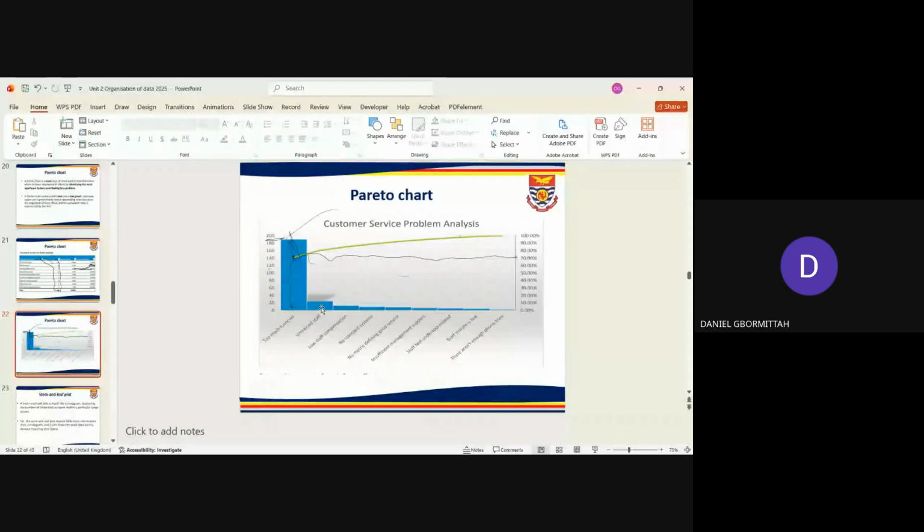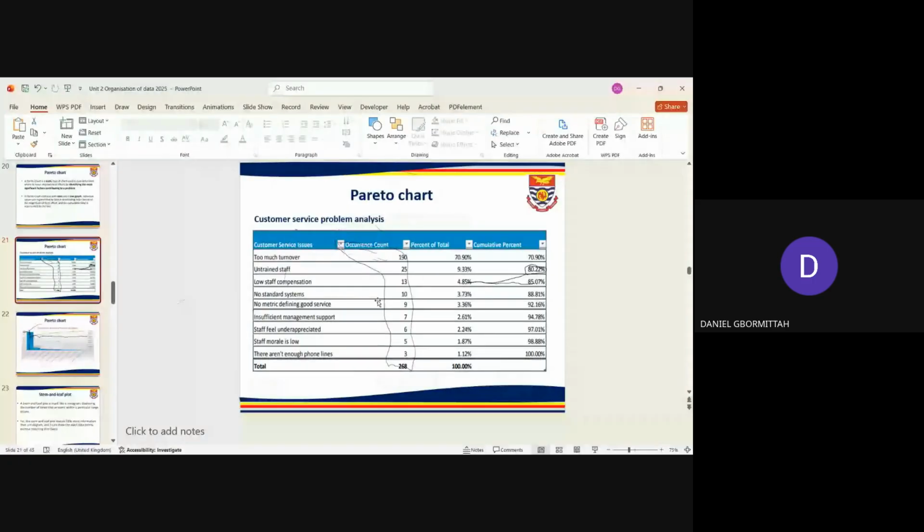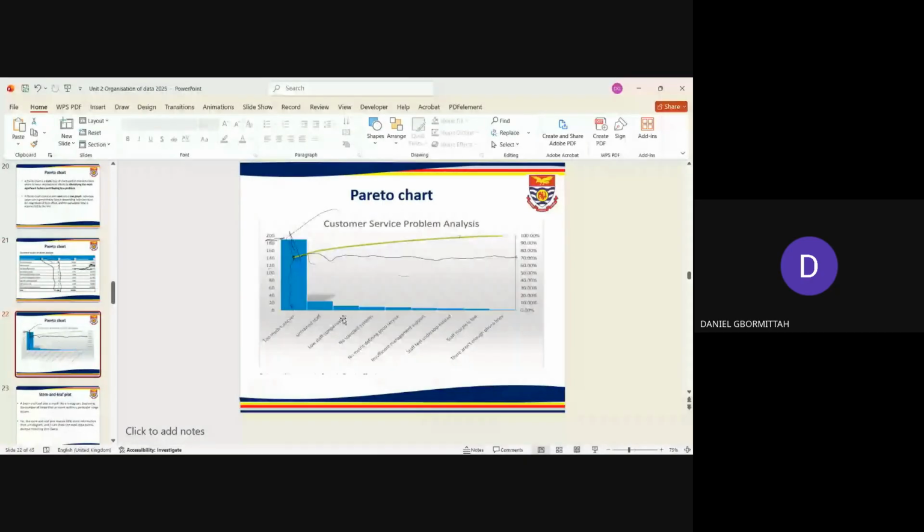The next one is what? Untrained staff. The cumulative percentage for the untrained staff was 80.22. Just make it 80. So let's go to the graph and see if we can get 80. You trace the midpoint here.